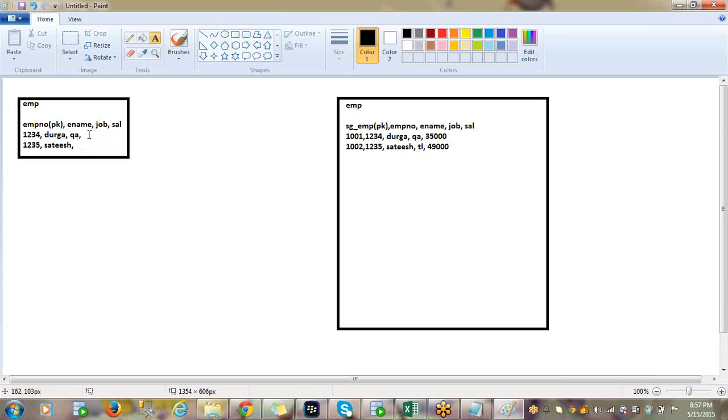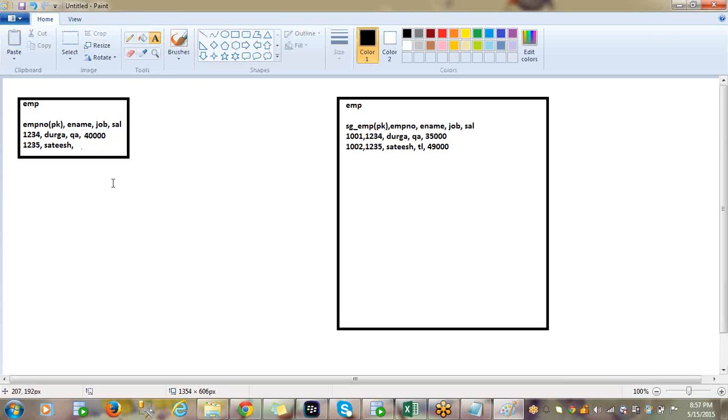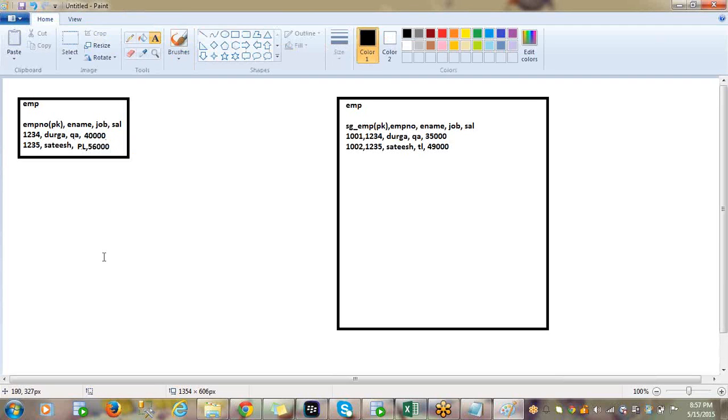Like here, the salary was updated to 40,000. The job was updated to PL and his salary was updated to 56,000. But the same records will be seen as inserts here.